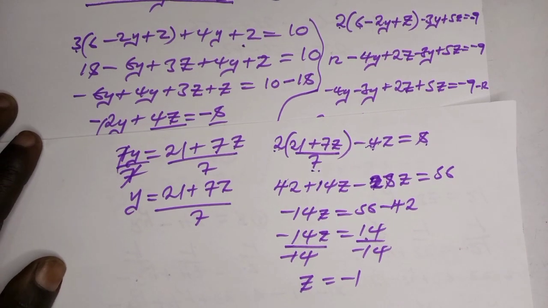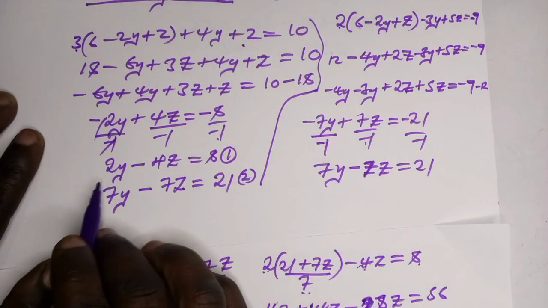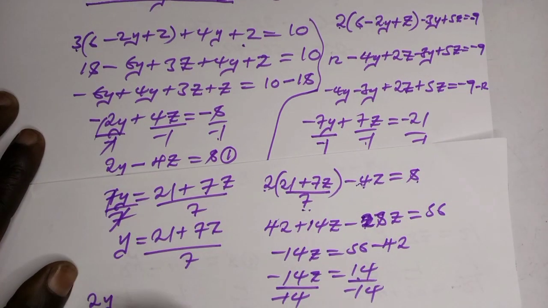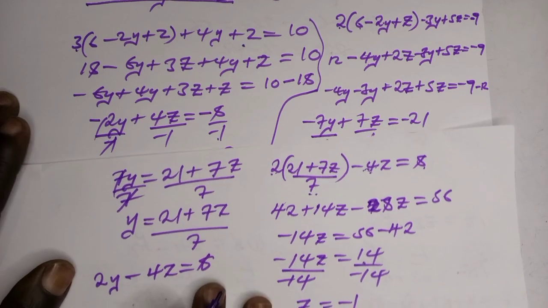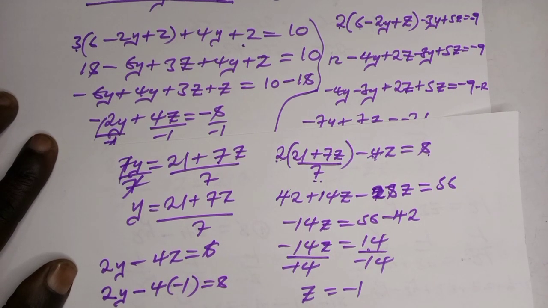Now let's find the value of y from the first equation, which is 2y minus 4z equals 8. Let's substitute z with negative 1: 2y minus 4 open minus 1 equals 8.